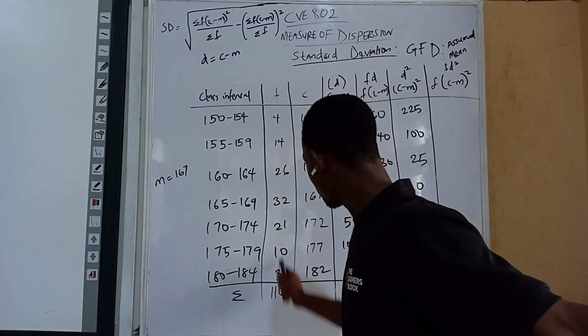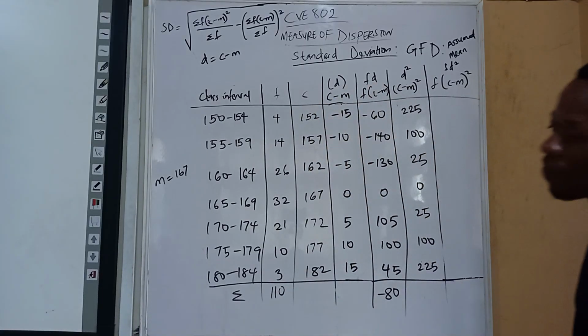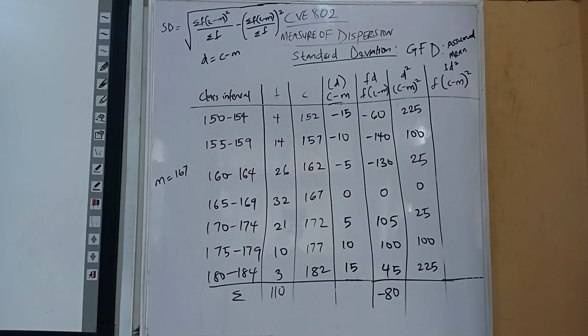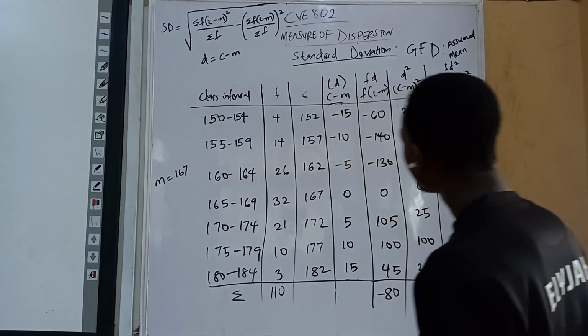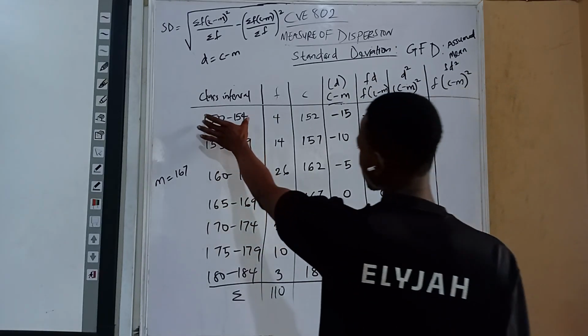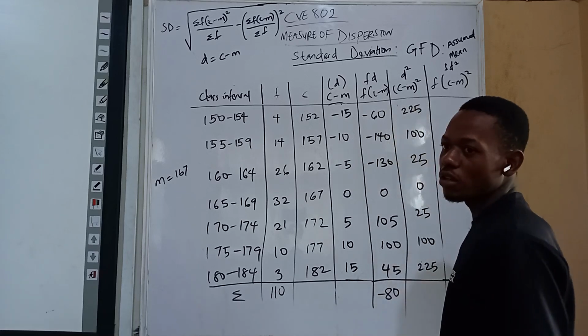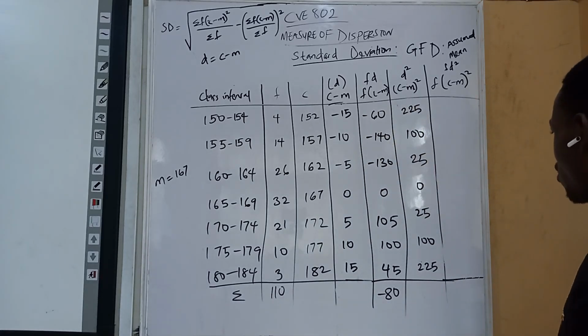This is from the question. Then 167, this 167 that is outside, I always get that one. You see, this is the class interval.